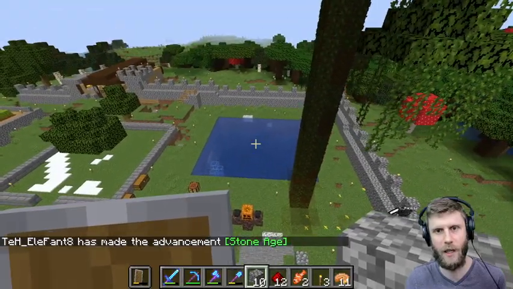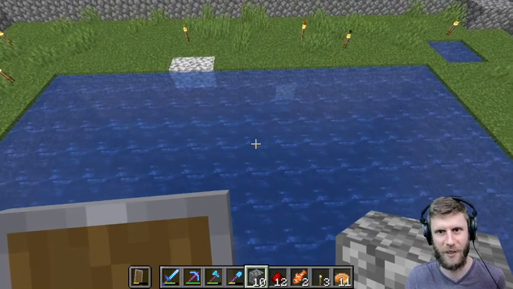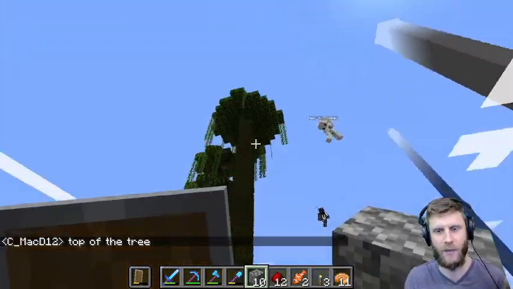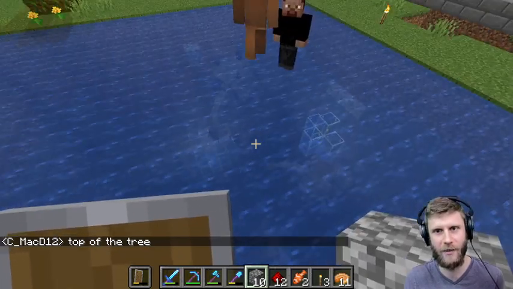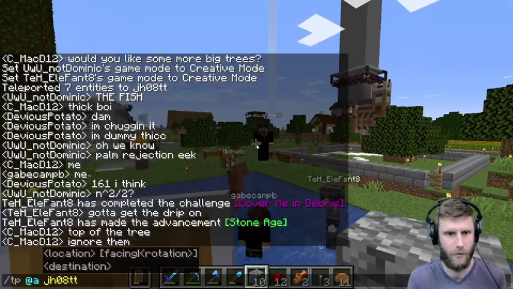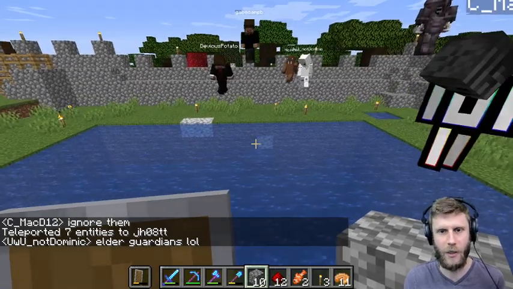Where do we have a nice, good area? Here, let's all float above the pool for a second. Come over here. Top of the tree. Well, I want to make sure. No, not in the pool. But why are there monsters in the pool? Yikes.